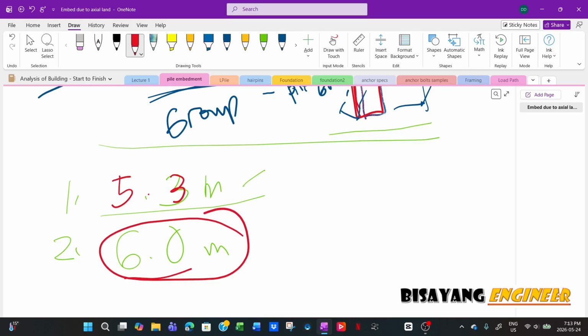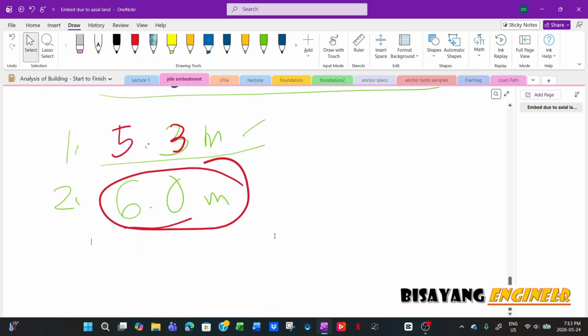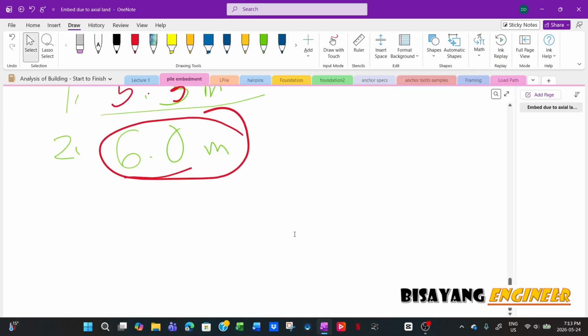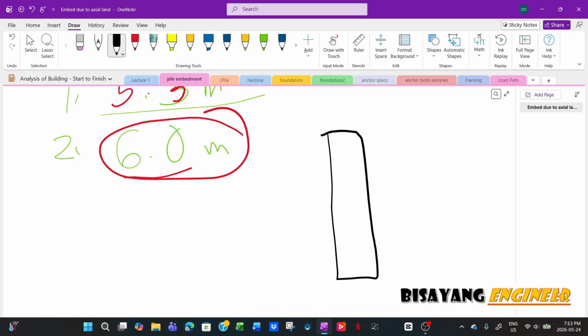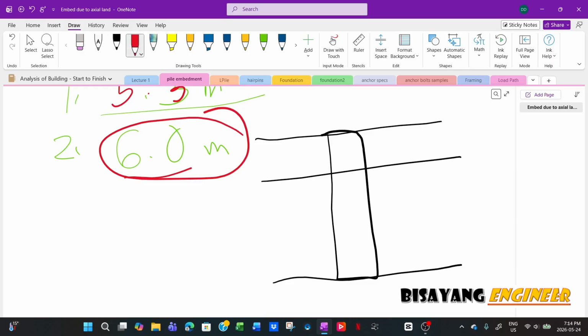Now, earlier I mentioned a third consideration, which is frost jacking. In cold climates, the pile will be subjected to frost. If this is your pile, you have your layer. Geotechnical engineers, at least in this area, will usually recommend between 2.1 to 2.4 meters.